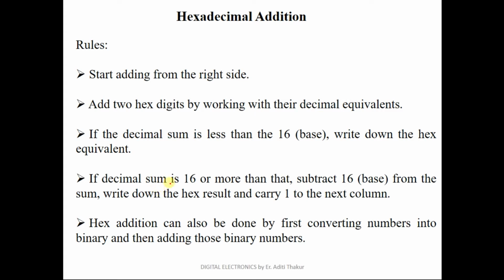But if the decimal sum is 16 or more, then you have to subtract 16 from the sum, and the result will be the sum of those two digits. These two points can be understood by taking reference of the decimal number system. So here we go with an example.